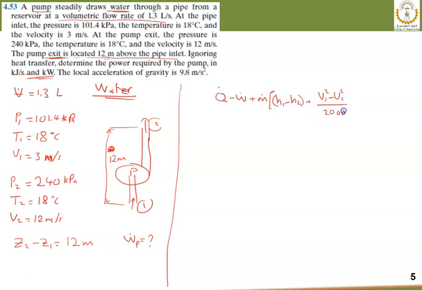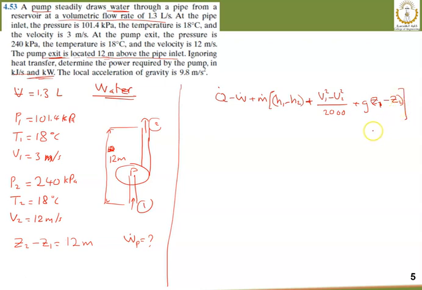Let's write this 2000 because we'll have the enthalpies and everything else in kilojoule, plus g times Z1 minus Z2.